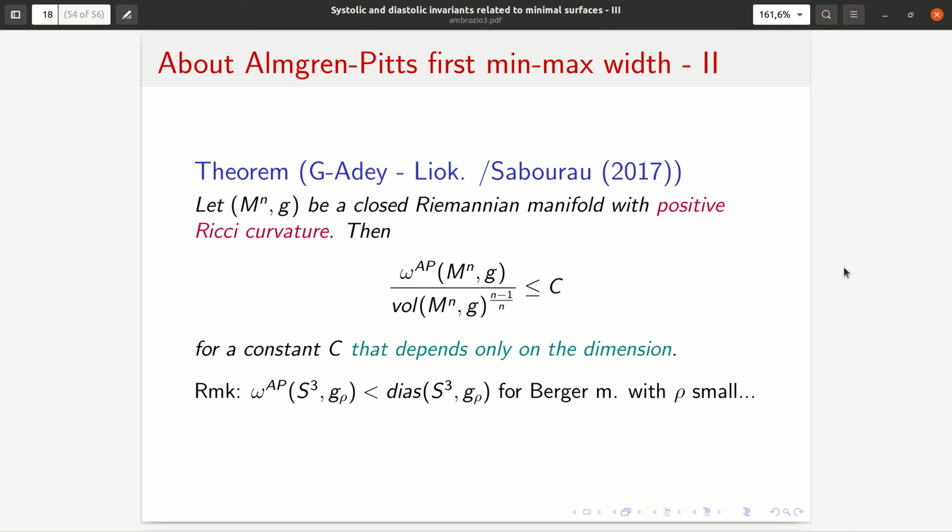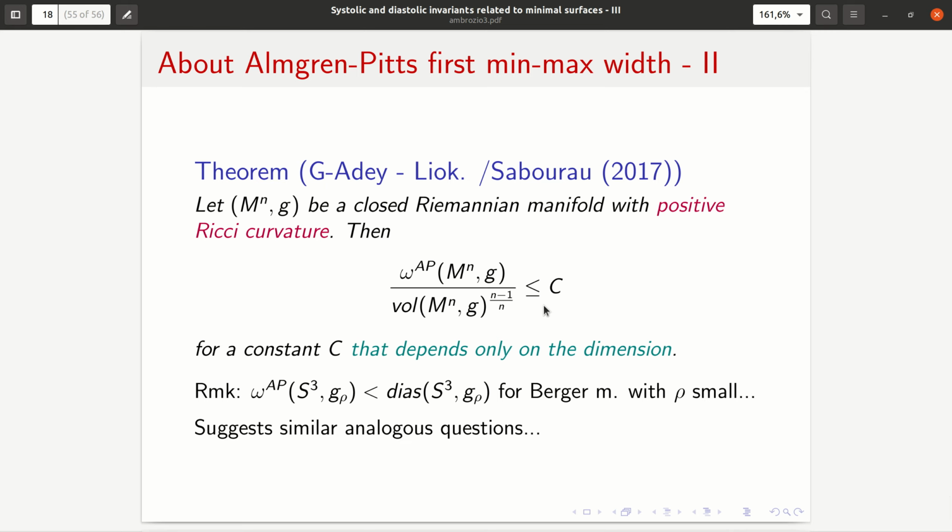Right, it's because you allow more sweep-outs, so this number is smaller than this, and in the end you do get an upper bound for the normalized Almgren-Pitts diastole among metrics with positive Ricci curvature.